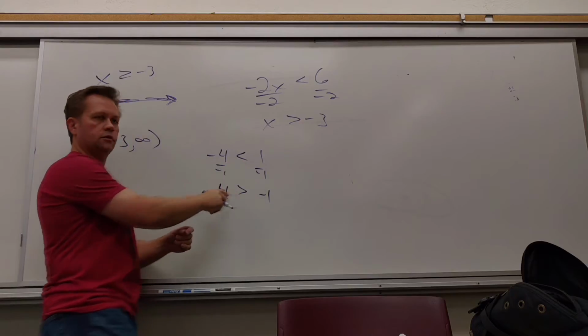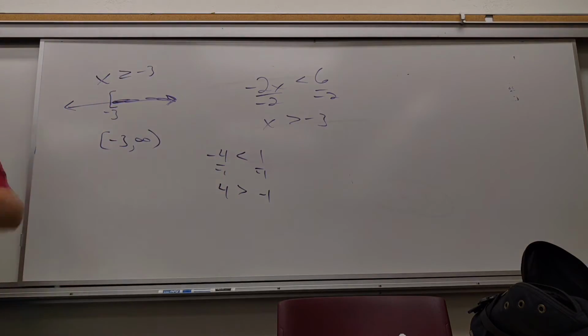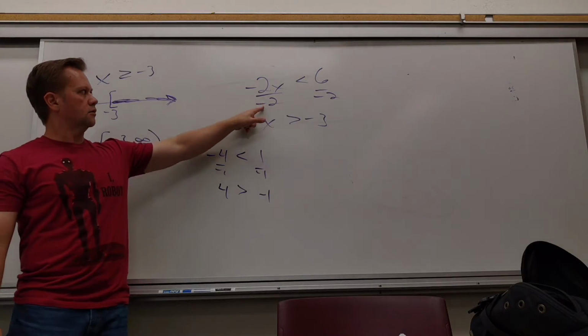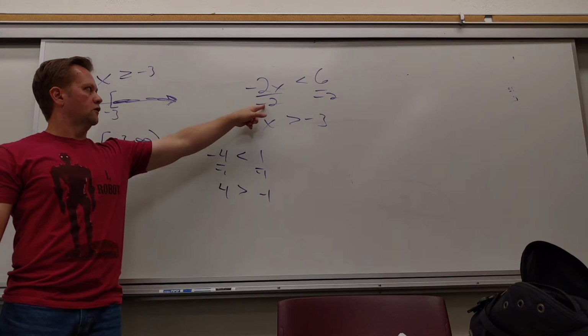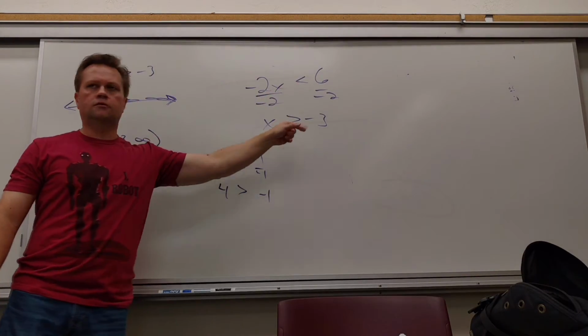What happens? It changes. It just happens, because when you multiply by a negative, it changes what side of 0 the numbers are on. So whatever was smaller is now bigger. -2x is less than 6. I just saw -2x over -2. You can put that up there at the beginning. So yeah, since we divided by a negative.